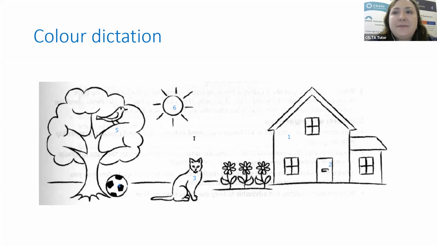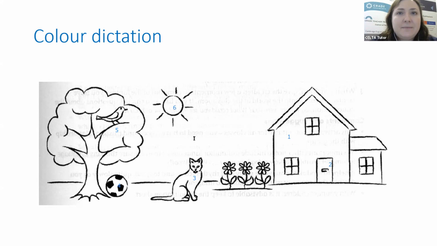So even at the very beginning, from the very first lessons, with very young learners who almost know nothing, you can actually have little dictations with them, because you can consider this a dictation. So they need to hear a number in English, they need to identify it on your piece of paper, and they need to color the corresponding section the same color as you tell them and as they hear.